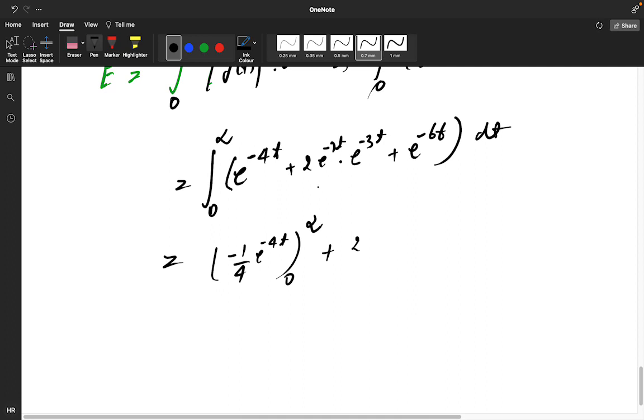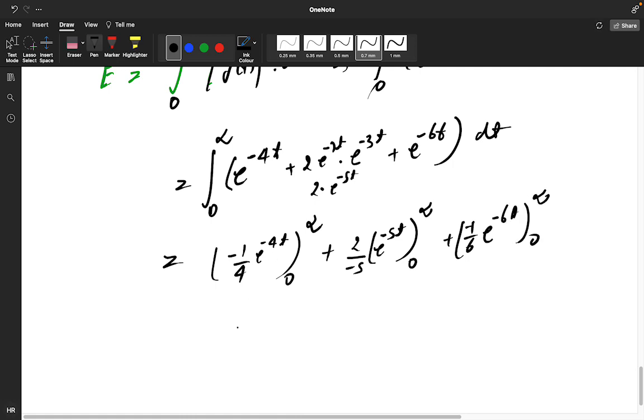This middle term we can write as 2 into e power minus 5t, so integrating gives minus 2 by 5 e power minus 5t from 0 to infinite, and minus 1 by 6 e power minus 6t from 0 to infinite. While putting the values, infinite will be 0, so you get 1 by 4 plus 2 by 5 plus 1 by 6. What value do you get after solving this? You will get approximately 0.816 energy.